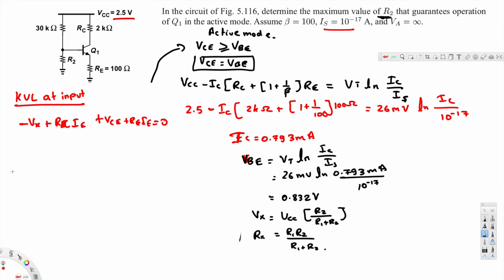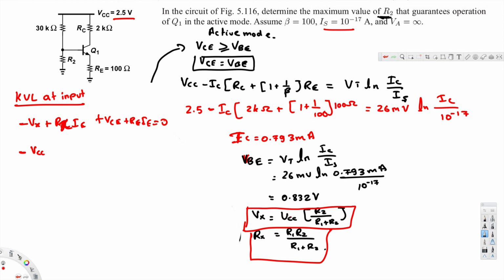Now instead of this Vx, we can replace it in terms of VCC, and instead of Rx we can plug this one, and if we write everything in terms of R1, R2 and VCC, we will get the equation like this.